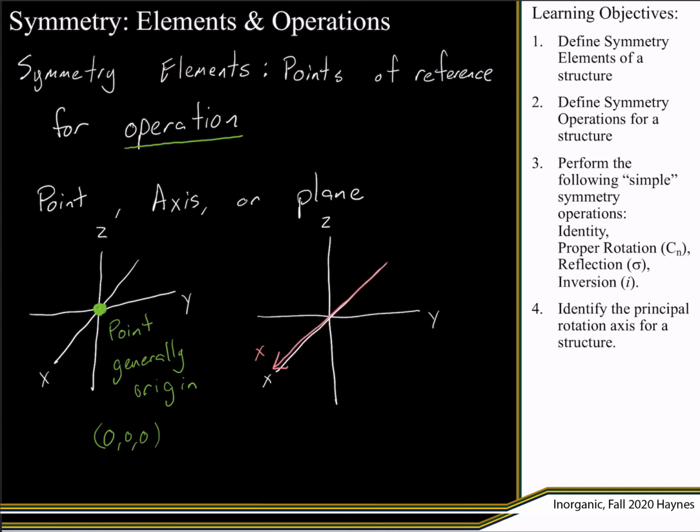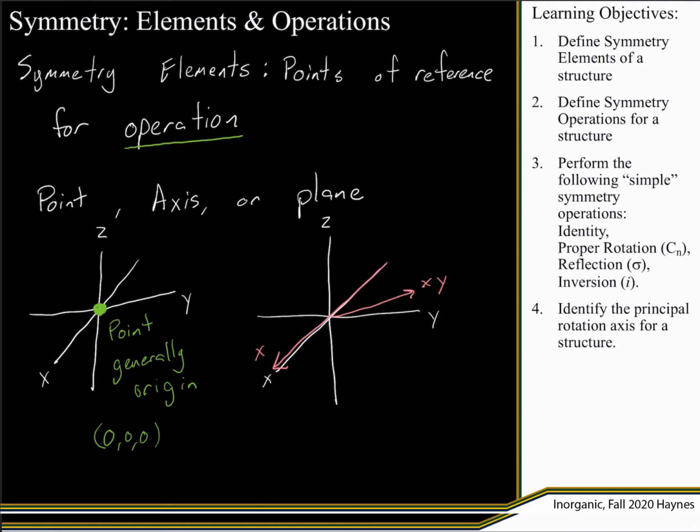So we could have an axis that splits the XY plane, some other axis that doesn't lie directly on one of these. But the important thing with an axis is that it is essentially a line, right?